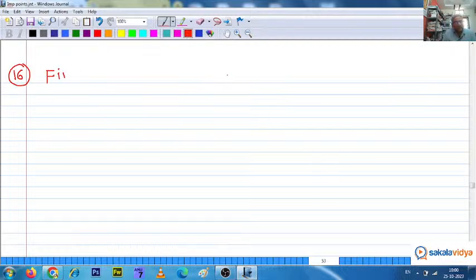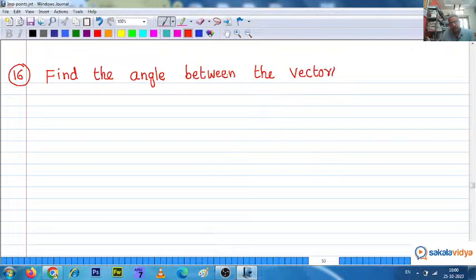Find the angle between the vectors A bar is equal to 3i plus 2j plus 5k and B bar is equal to i plus j minus k.